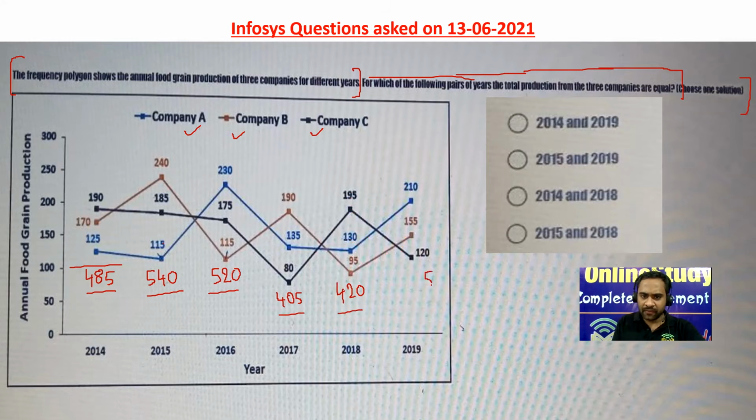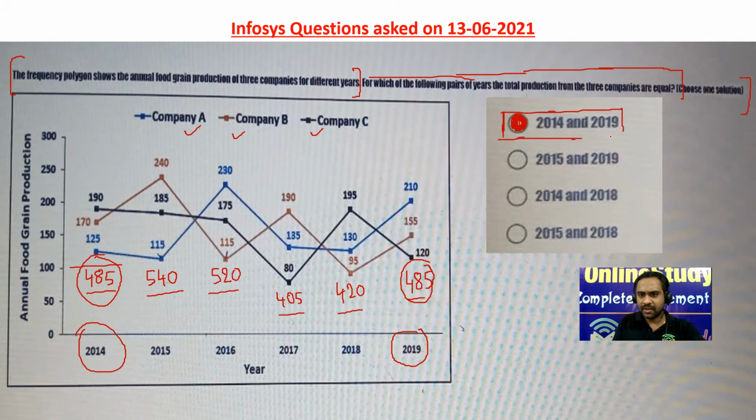And then here 5, and then 5 plus 1 is 6, 6 plus 2 is 8, and 4. So I could see 485 and 485. That means this is the year 2014, and this is the year 2019. So 2014 and 2019 will be the correct answer. So I will take this particular option here. This will be the correct answer for this question.